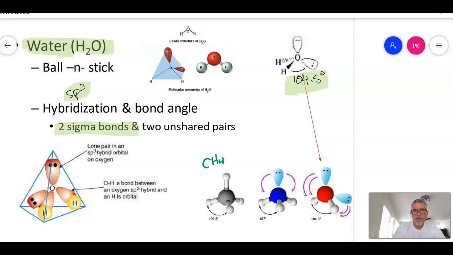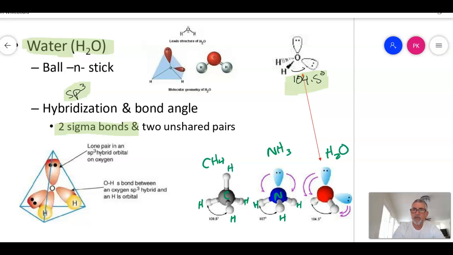So I have a carbon, and each of these is a hydrogen. And remember, I have 109 degrees. If we look at this, this is our NH3. Got a hydrogen, hydrogen, hydrogen. There's my N. We got 107 degrees for our bond angle.